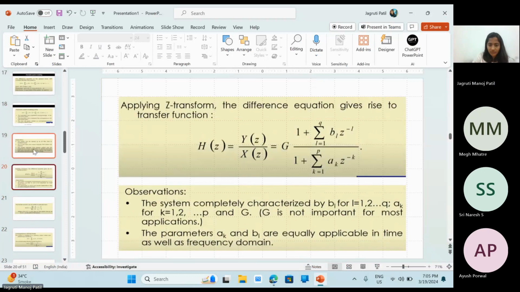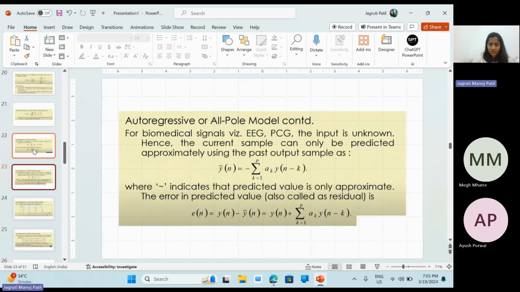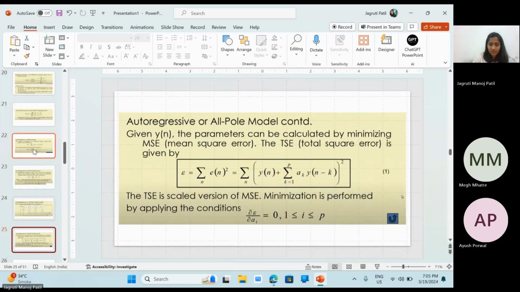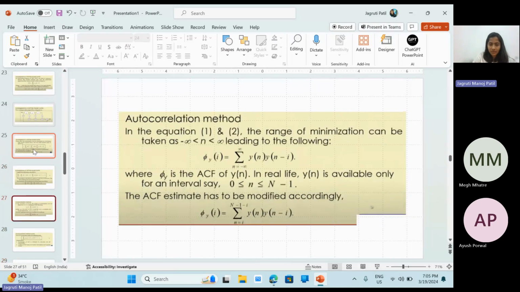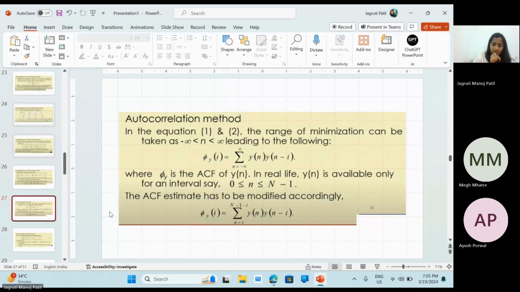I saw that, right? Autoregressive or an all-pole model. What indicates this? Now this one. So this is an estimate accordingly. So this is enough to calculate the AR parameters.